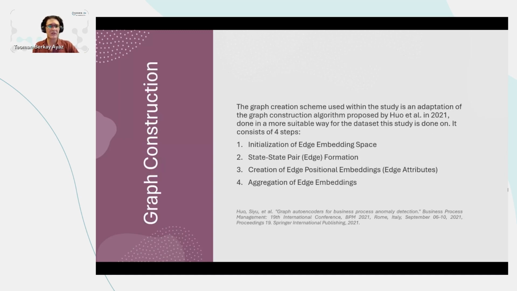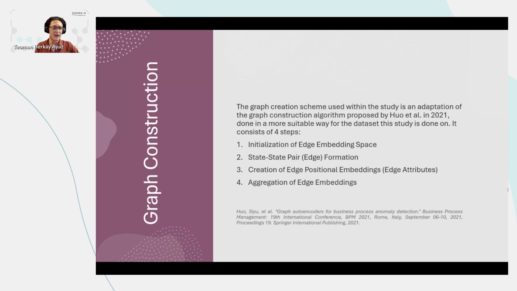So the graph construction algorithm we used for this study is an adaptation of what a previous researcher did in 2021. So the initial step in our graph construction algorithm is the initialization of the edge embedding space. So to create our edge positional embeddings, we initially create an empty feature matrix with a dimension size of maximum trace length -1.